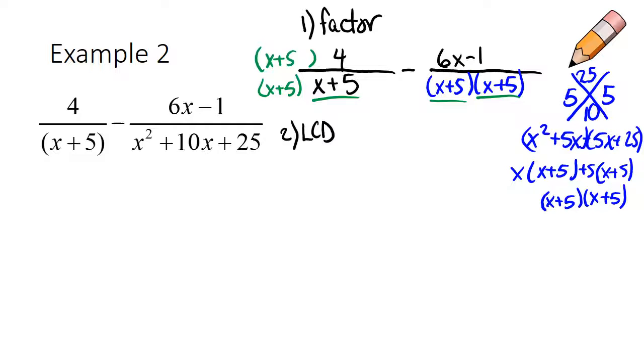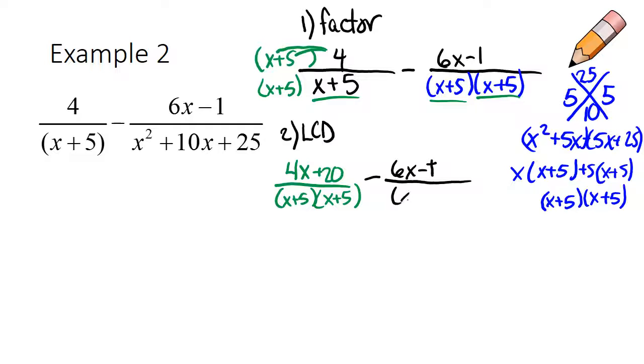If I take care of that, I'm going to distribute the 4 times x, 4 times 5. On the bottom, I'm going to leave them as factors. Bring down my other fraction. I now have my like denominators.